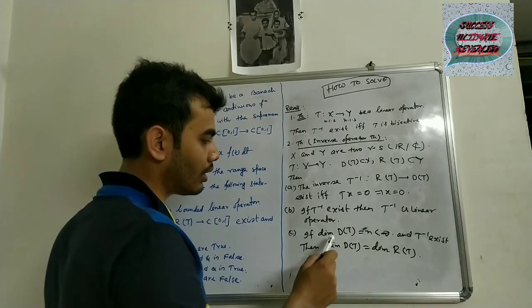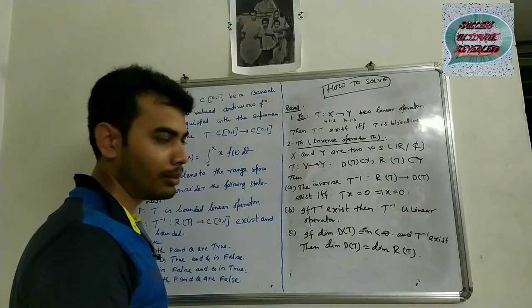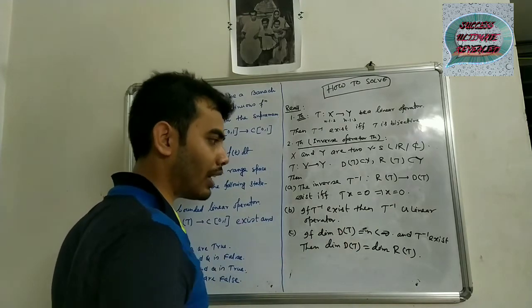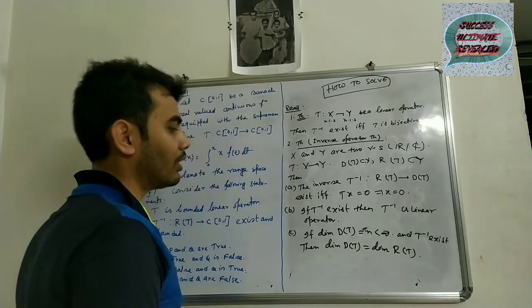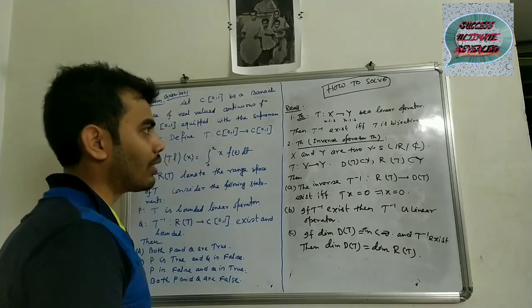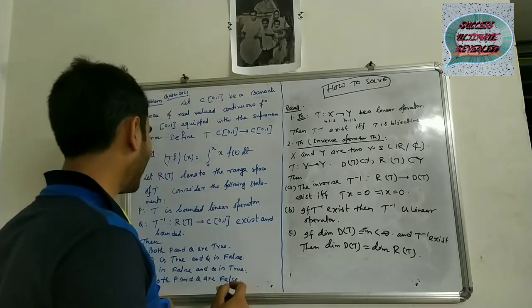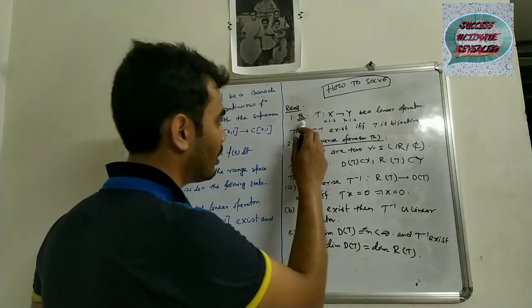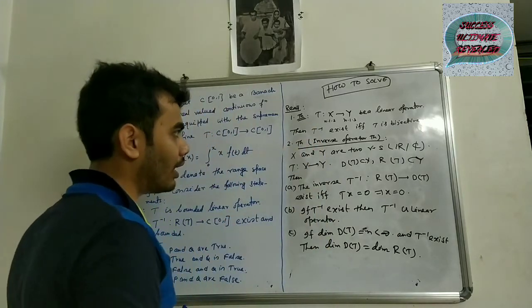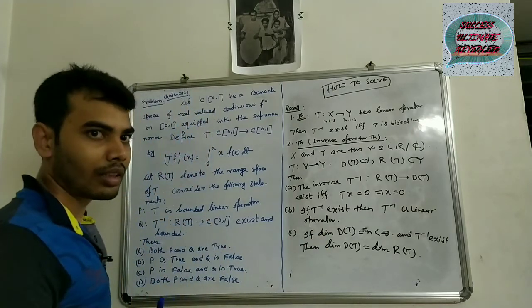And the third says that if dimension of D(T) equal to n, that means the dimension of D(T) is finite, and T inverse exists, then dimension of D(T) equal to dimension of R(T). So this is the inverse operator theorem. You can check whether T inverse exists or not by using these theorems, but I use the inverse operator theorem here to solve this kind of problem. Clear?